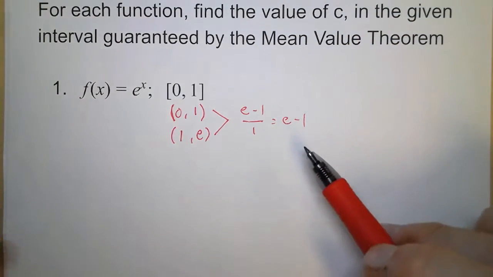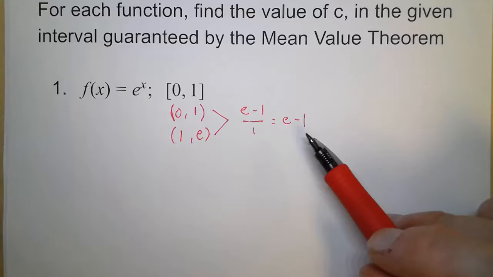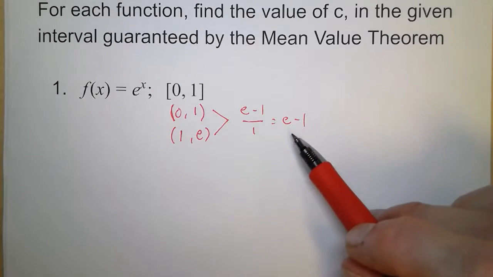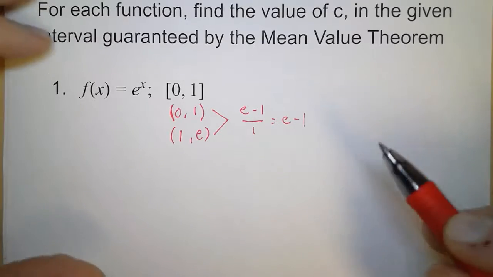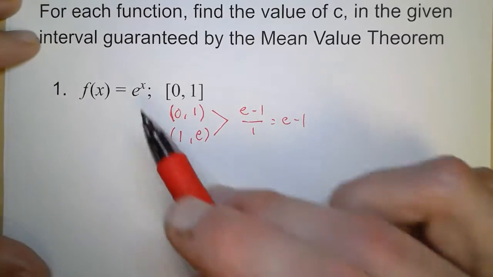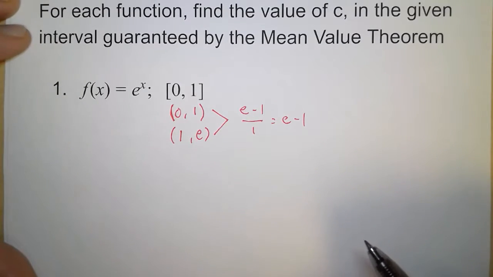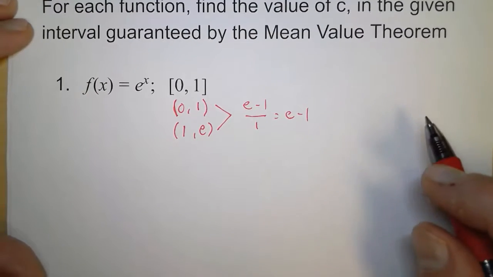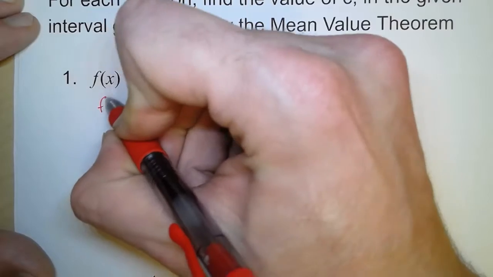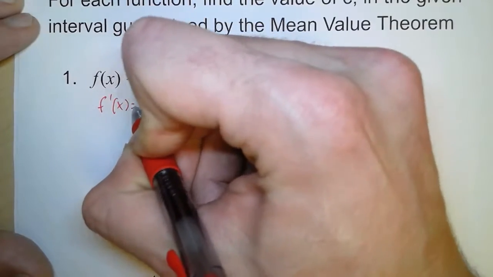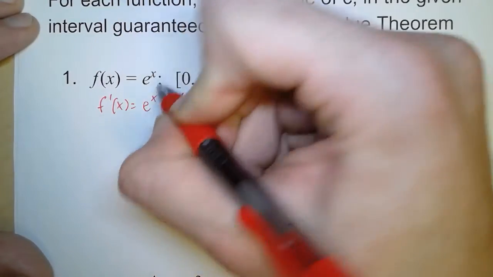So that is the value of our slope. Now we set this equal to the derivative and find when the derivative equals that. So f prime of x equals e to the x.